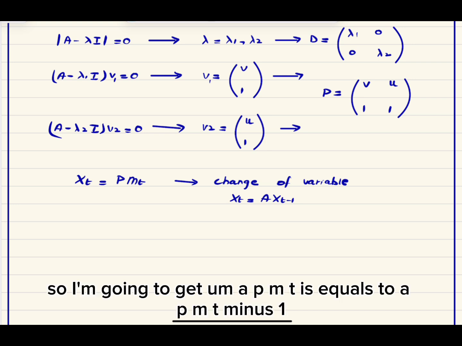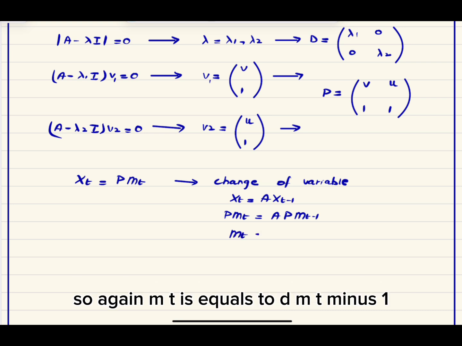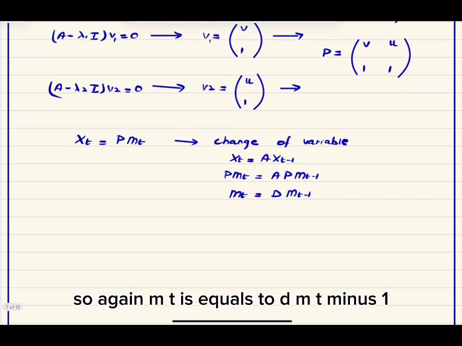So I'm going to get P mt equals A P mt minus 1. So again, mt equals D mt minus 1.